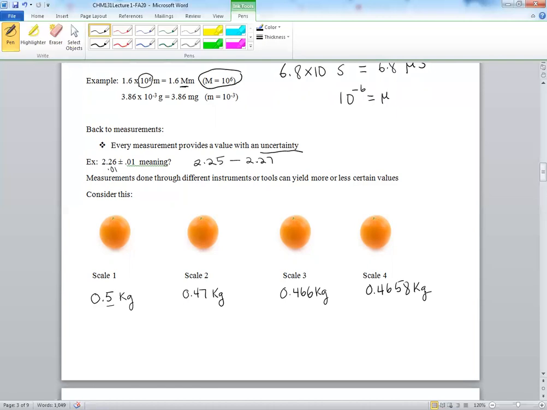So if you did not tell somebody that this is the same orange, that person will probably think that these are all different values. But this is the same exact orange. So what happened here? Why do we have 4 different values? You might have guessed it. The scales actually round.